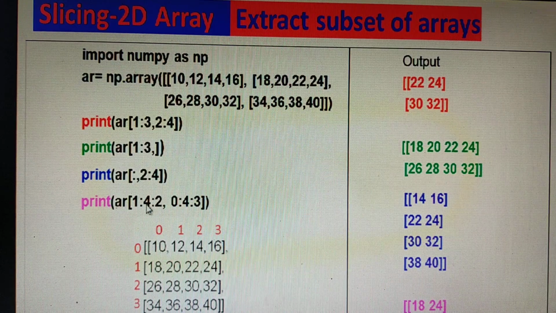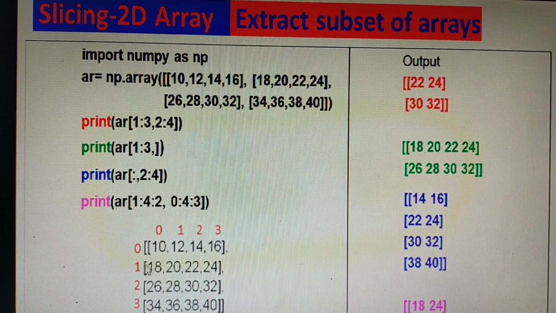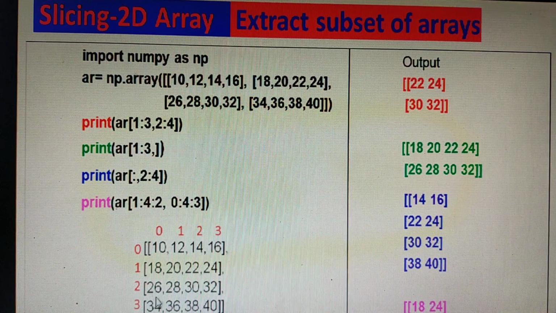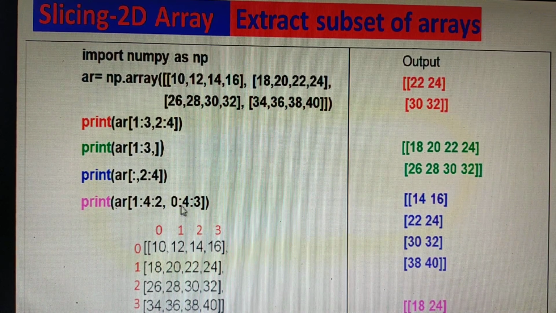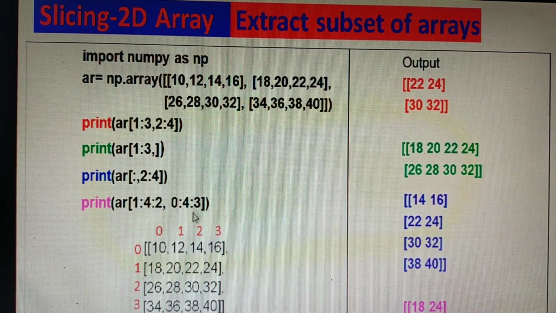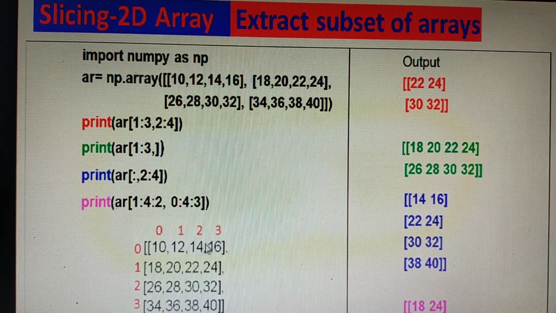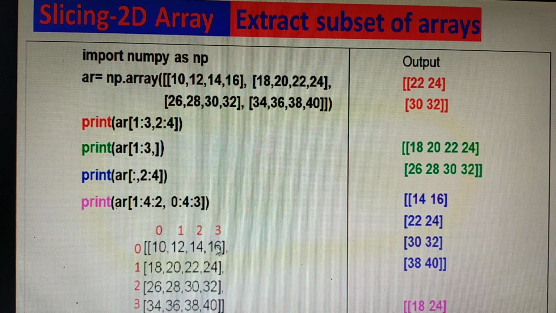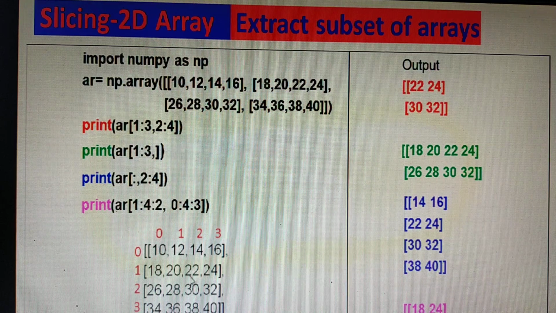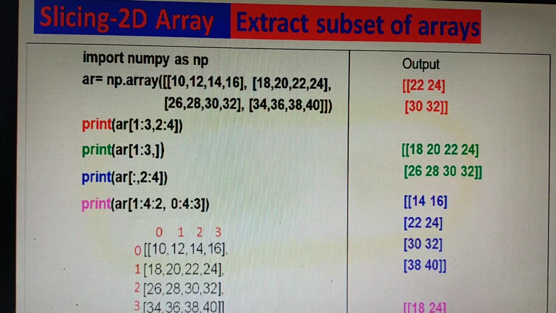So in rows 1 to 3, it will only select 1 and 3 because of this step 2. And for 0 to 4, with 2 skipped, it will give you columns 0 and 3. So you will get 18, 24, and 34 and 40. You will get this output.